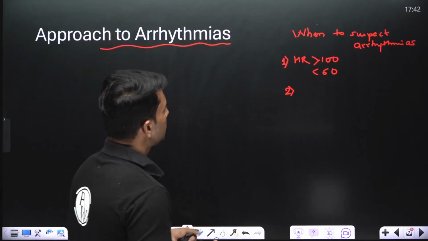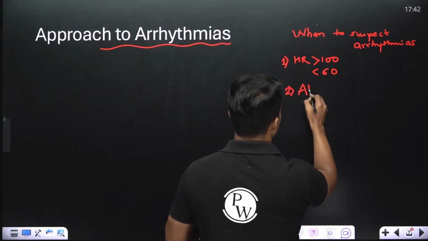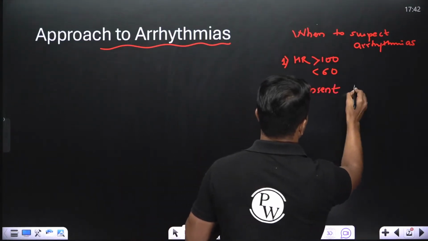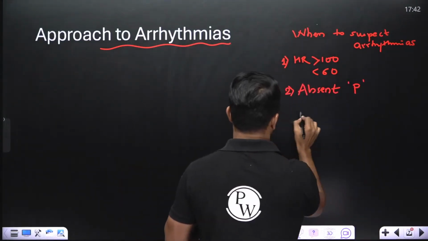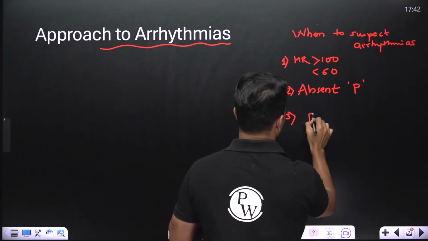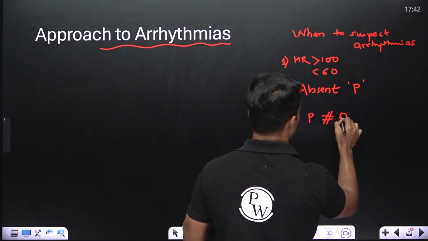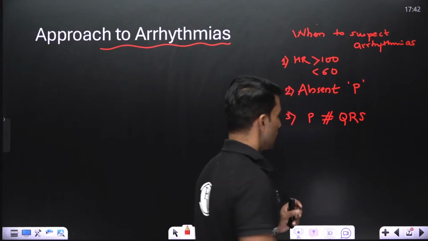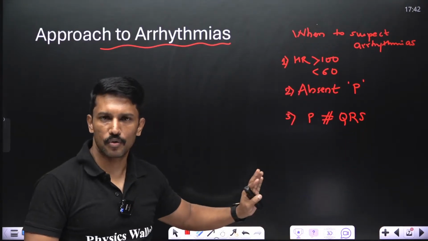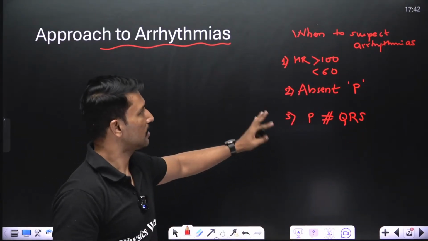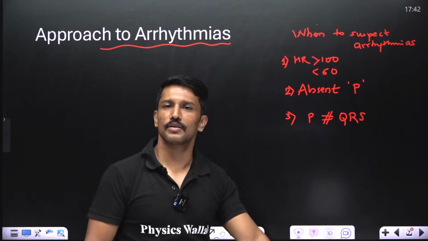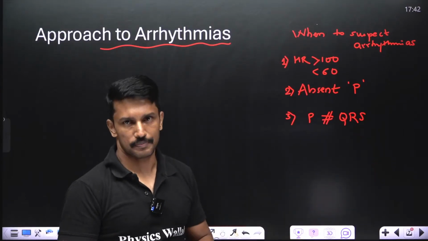So in any ECG where there are absent P waves, you are suspecting arrhythmias. Or third, if the number of P waves is not equal to the number of QRS, either one of them is more, QRS is more or P is more, then you will suspect arrhythmias, because these are all deviations from the normal sinus rhythm, right?